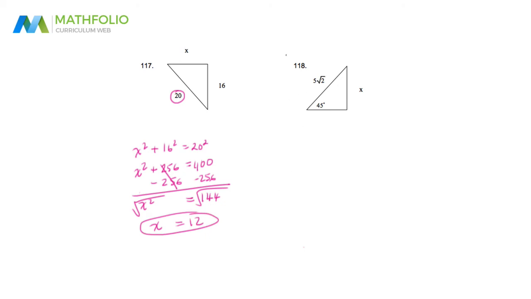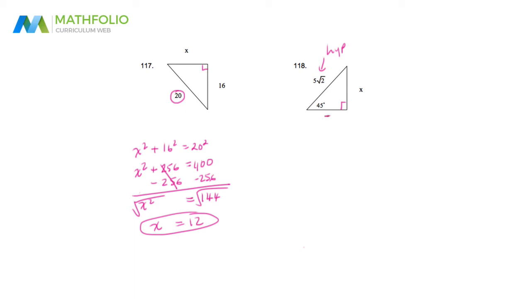Okay, so in question 118, a couple of things make this a little trickier. I'm going to assume the right angles right here. One thing is that we have a radical as the hypotenuse. The next thing is, in the previous questions, we'd had 2 legs and the hypotenuse labeled, or one of them was missing.